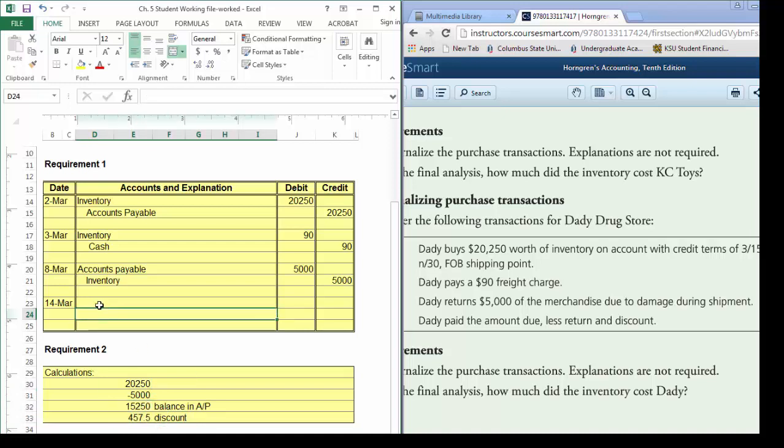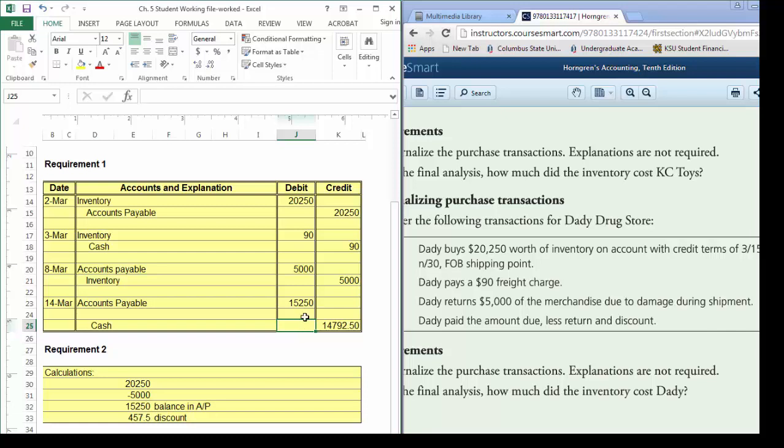Okay. So up here, I know I want to get the entire balance of that accounts payable off of my books. So I'm going to debit accounts payable for the $15,250. All right. And I know I'm going to pay out cash of the difference between the $15,250 and that discount of $457.50. So I'm paying out cash of $14,792.50. Okay, so then my discount, we need a credit to make our debits and credits balance.